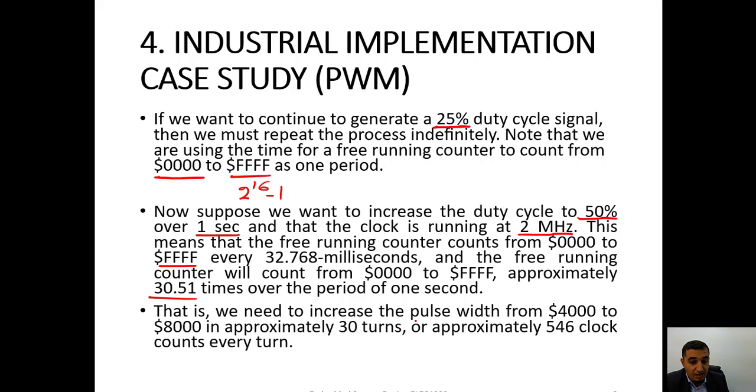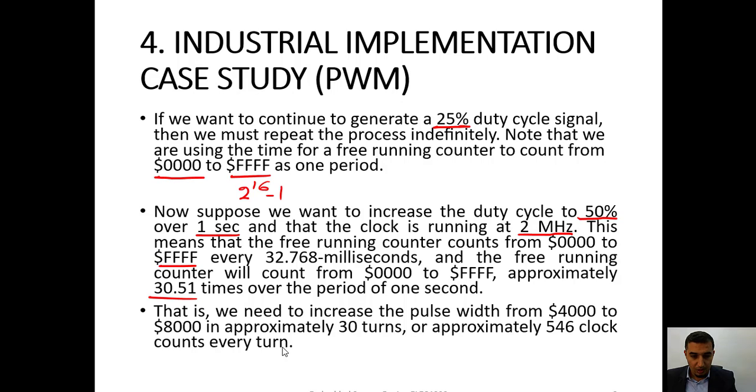That is, we need to increase the pulse width from 4000 to 8000 in approximately 30 turns, or approximately 456 clock cycles. Now, what does this mean?